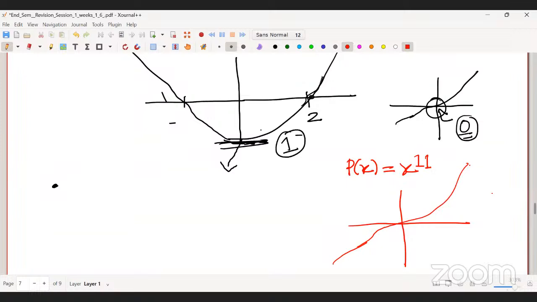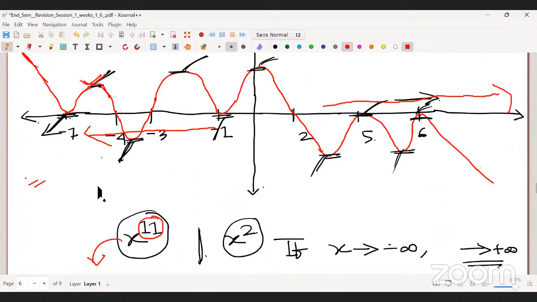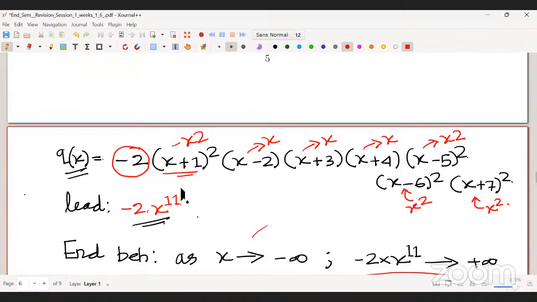So see, n minus 1 is basically the maximum possible number of turning points. If you have a graph of degree n, it can have a maximum of n minus 1 turning points. For example, if someone says that this degree 11 polynomial has 11 turning points, then blindly you can say that the statement is incorrect, because a degree 11 polynomial can have at most 10 turning points.